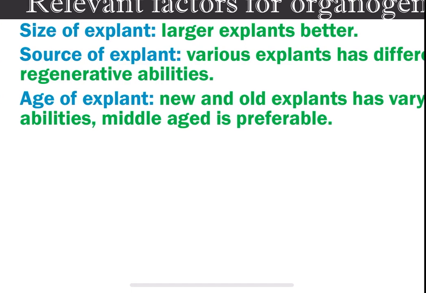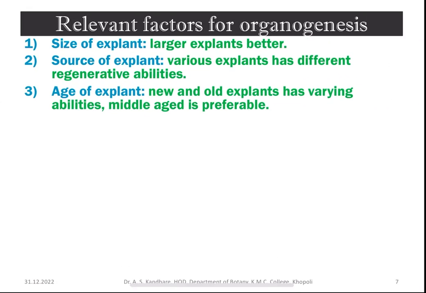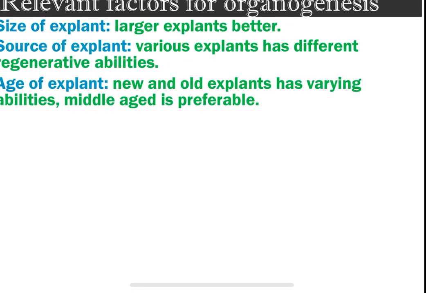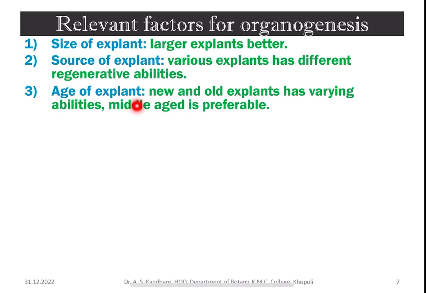So therefore, middle aged cells or tissues are preferable, isn't it? वो सेल और टिश्यू का एज भी बहुत इम्पॉर्टेंट होता है. It matters because you know that aging plays a vital role, and it affects the chromosome number as well as the functioning of the cell, isn't it? Because senescence is the process where the ability of the cell is declined. So therefore, middle-aged cells are preferable.